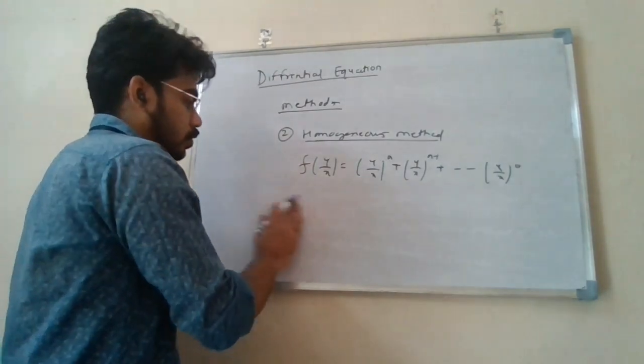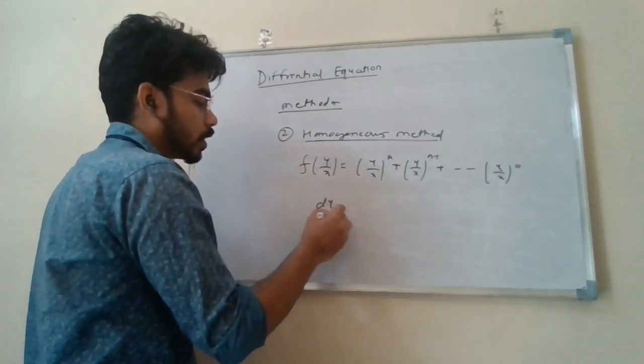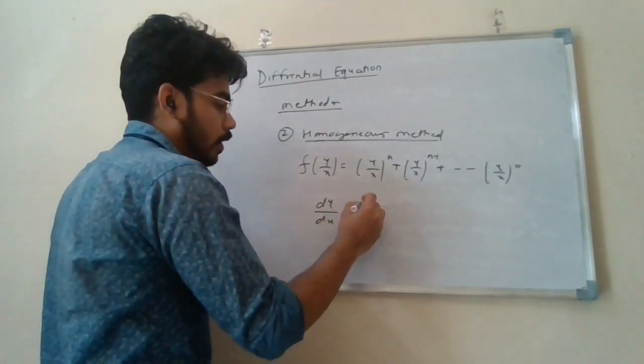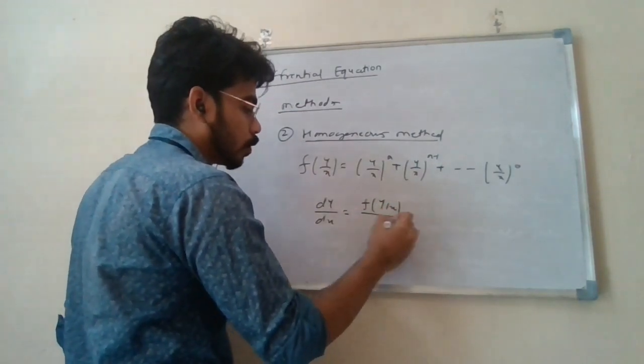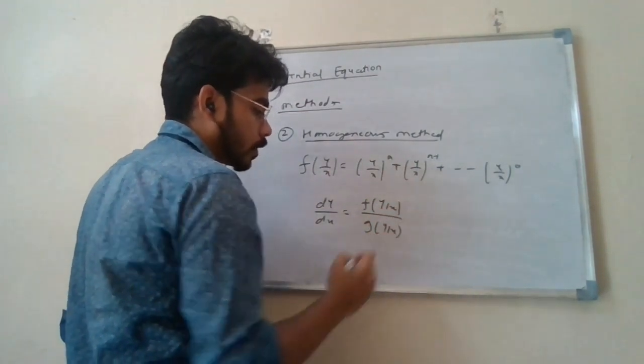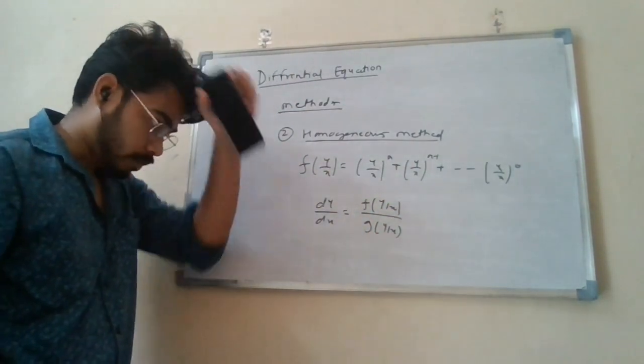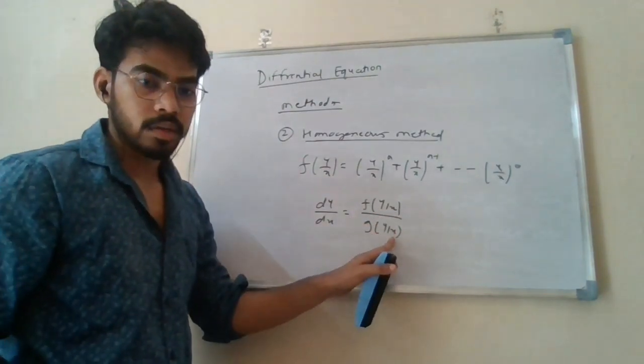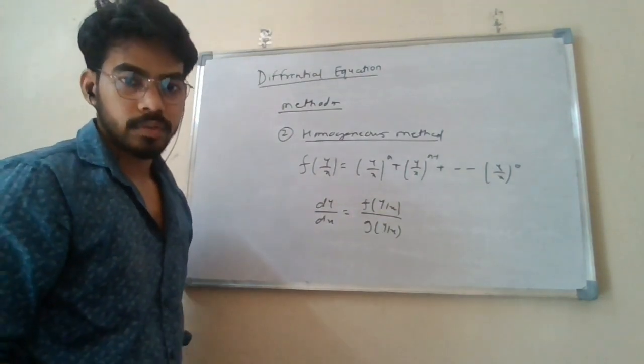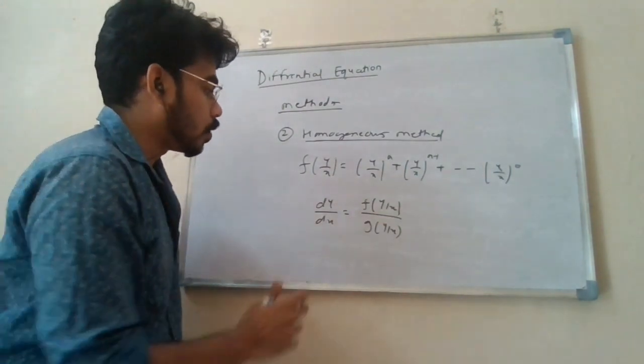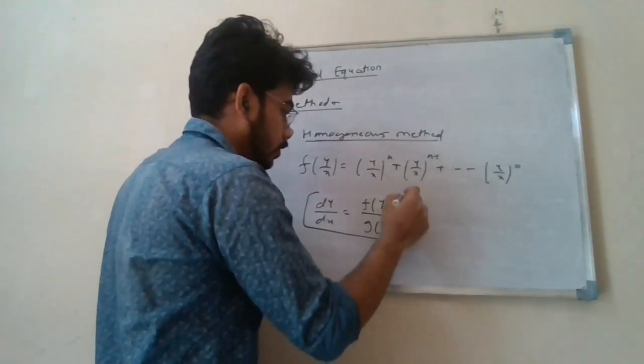So if my differential equation looks like dy by dx is equal to f of y by x upon g of y by x, with a homogeneous function in the numerator and in the denominator, then how do we solve this type of differential equation?